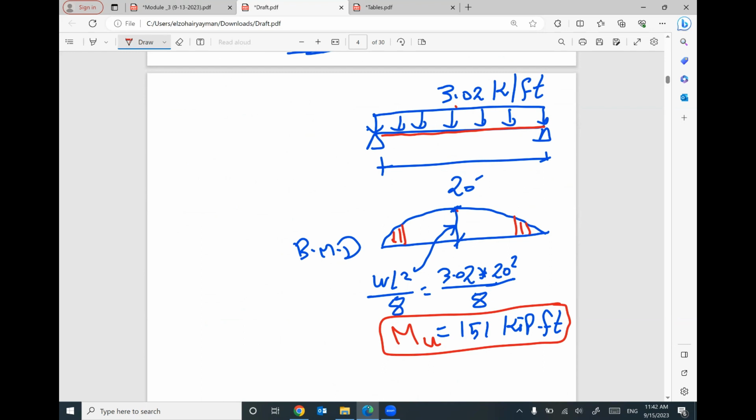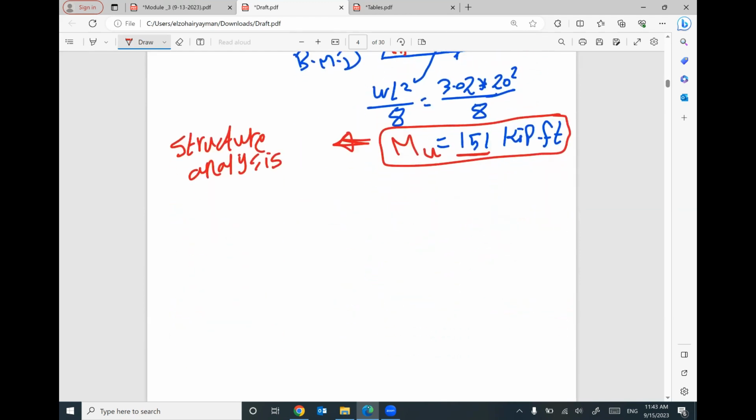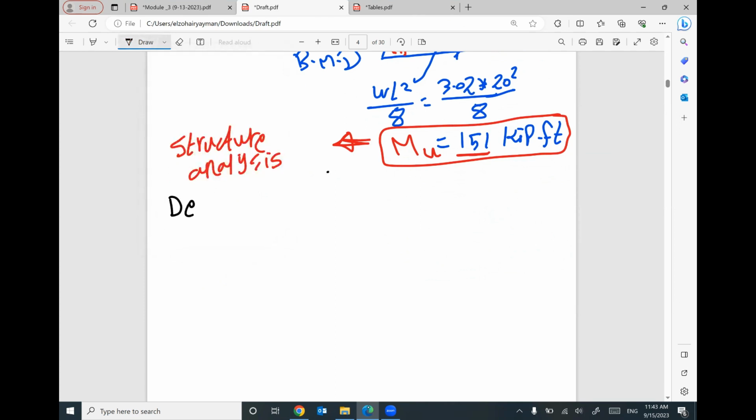So W equals 3.02, L squared is 20 squared, divided by 8. The final value is 151 kip foot. This is your M ultimate coming from structural analysis. Does that make sense? Then I will start my design.